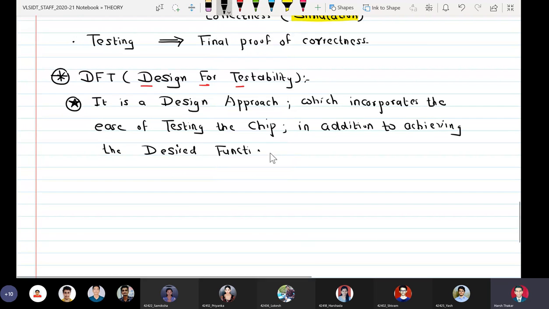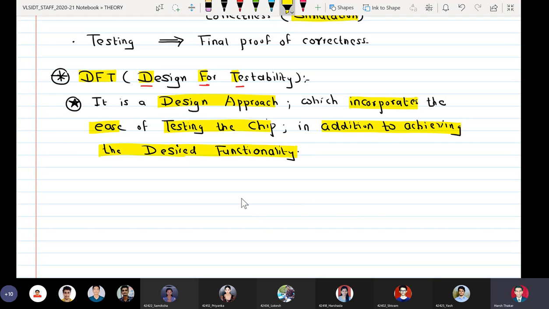Okay, so it is a design approach. So DFT, design for testability. It is a design approach which incorporates the ease of testing the chip in addition to achieving the desired functionality.